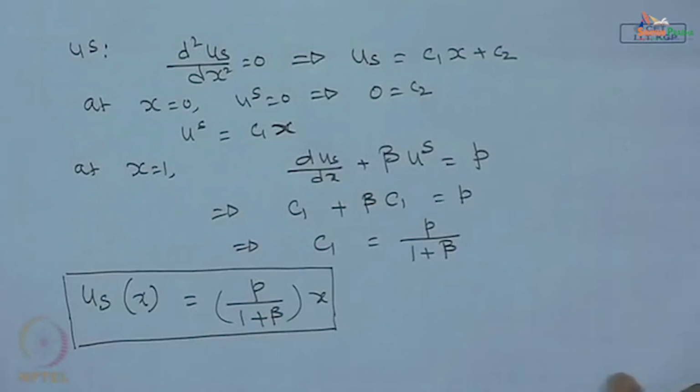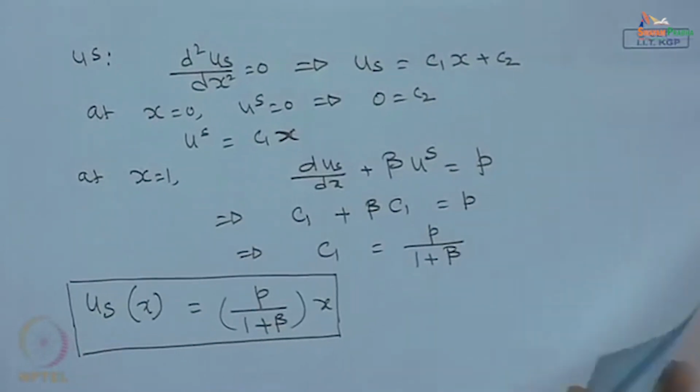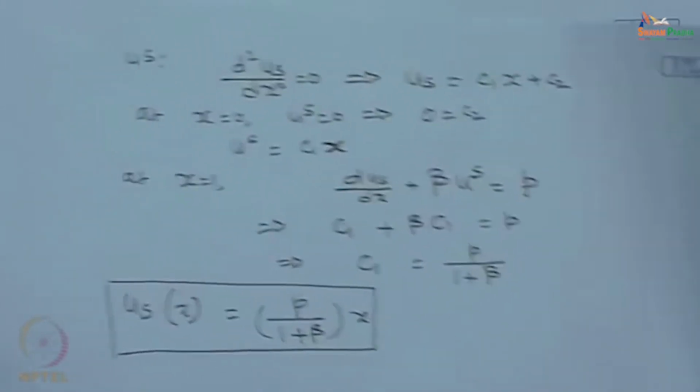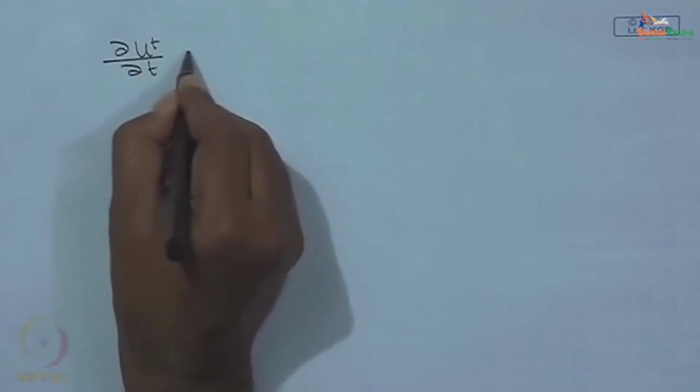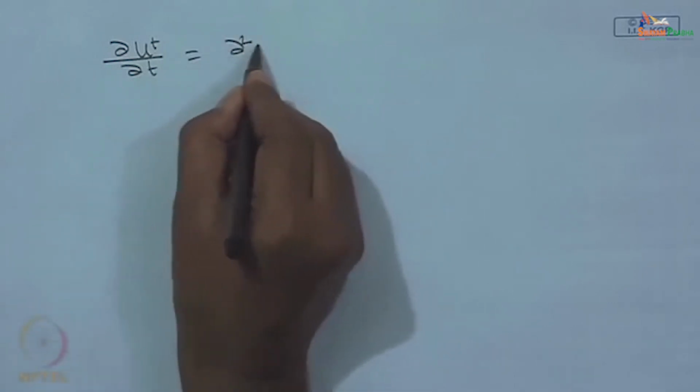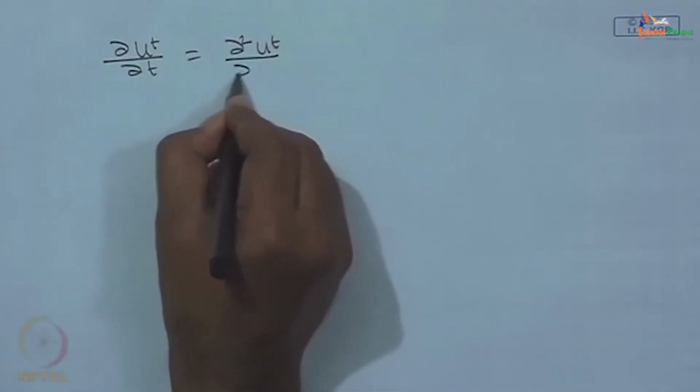So, if you now look into the transient solution, we have already done a similar type of thing earlier: del u t by del t is equal to del square u t by del x square.